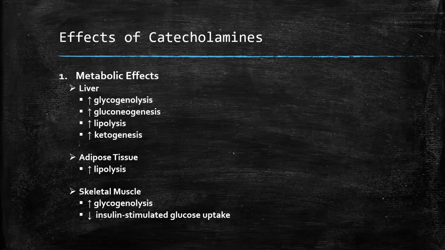And again, in fat and skeletal muscle, the goal is to increase some fat breakdown. In skeletal muscle, we want to break down the glycogen that exists there. And importantly, we don't want skeletal muscle to be taking up glucose. That's one of the major jobs of insulin, of course, to stimulate glucose uptake in tissues like skeletal muscle and fat. And we don't want that going on at all right now.